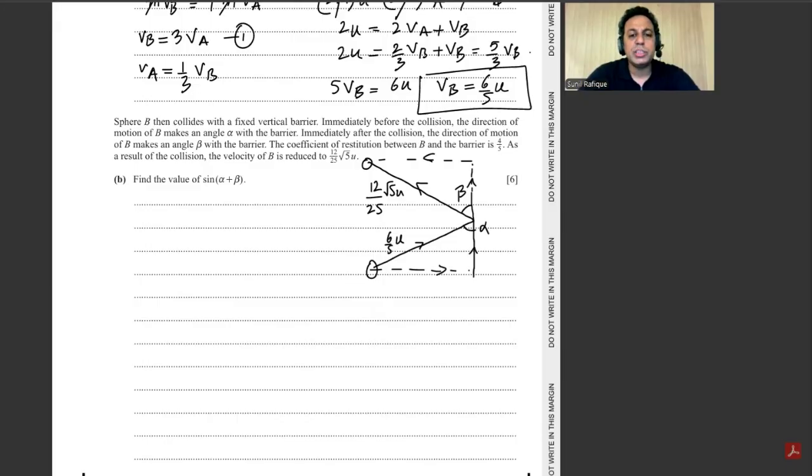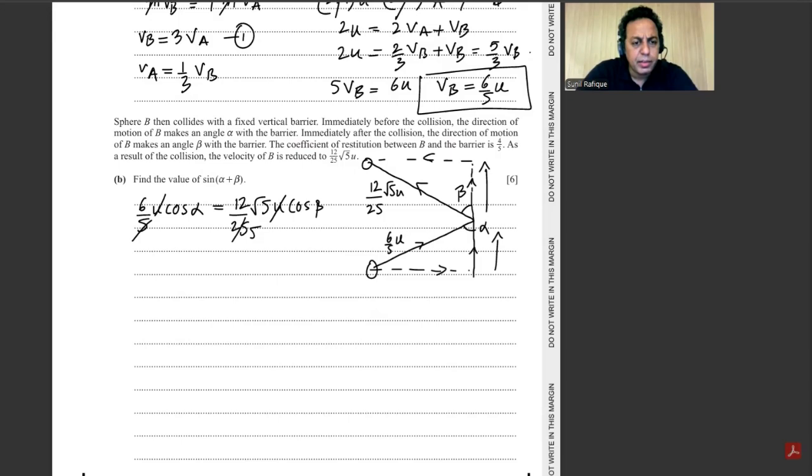So let's just put the components parallel to the barrier equal. That's going to be 6 over 5 U cos alpha will be equal to 12 over 25 root 5 U cos beta. So remember, these are these components, right? Okay, so let's just simplify it a bit.